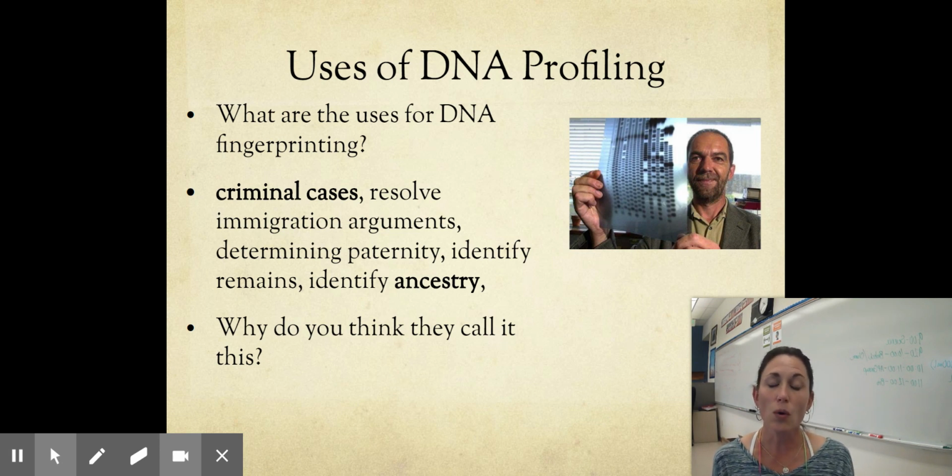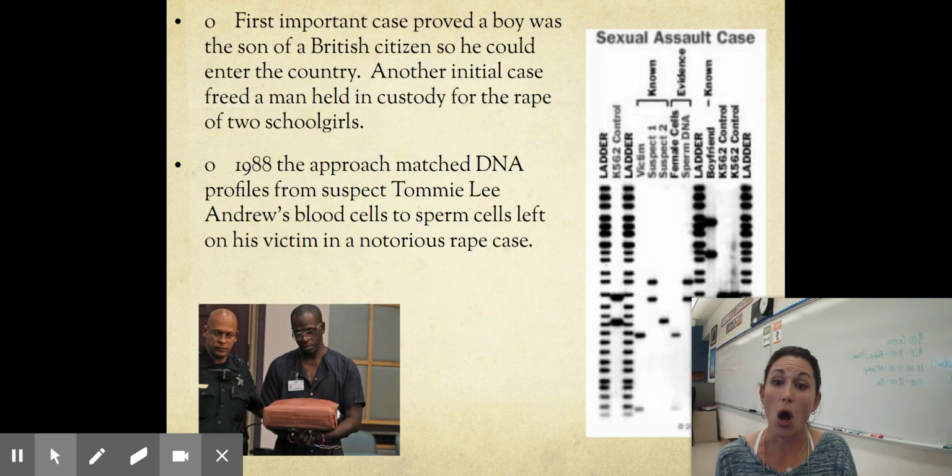When we're thinking about DNA profiling, we can also think about some really specific cases that might give you some examples about how we use these things. One of the very first important cases of DNA profiling happened because there was a little boy who was supposedly the son of a British citizen.